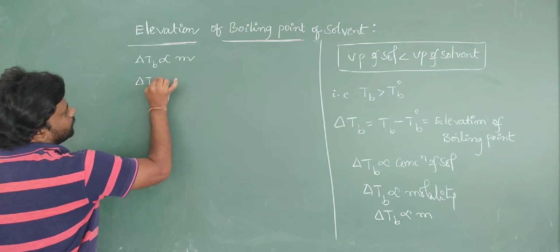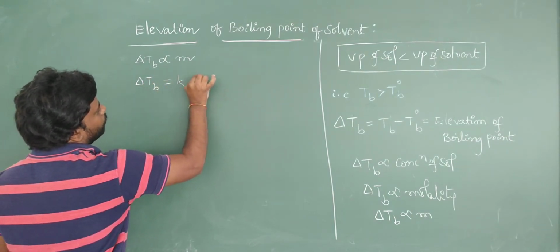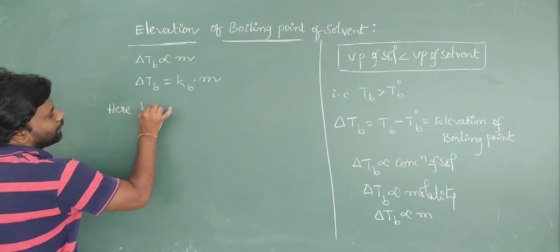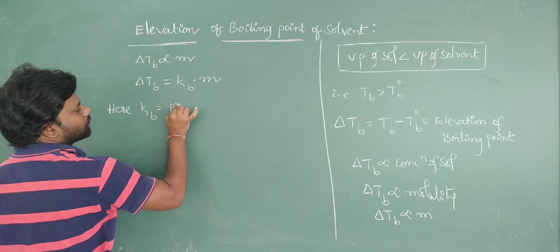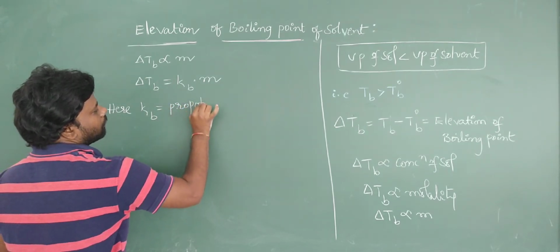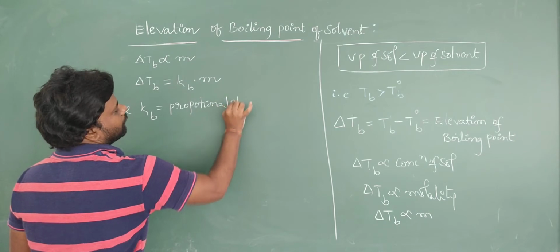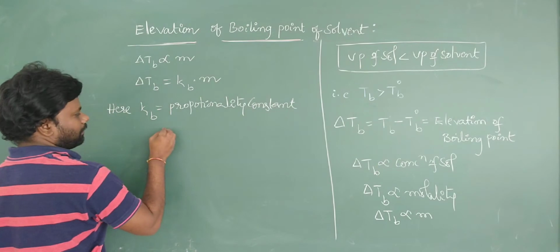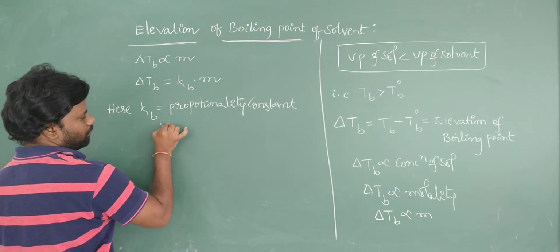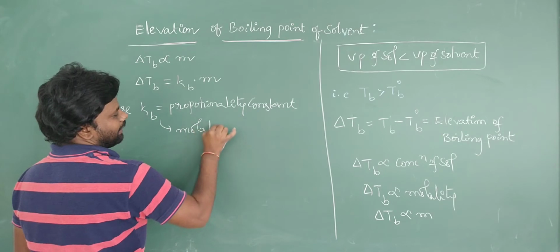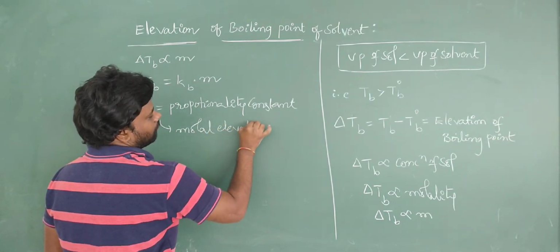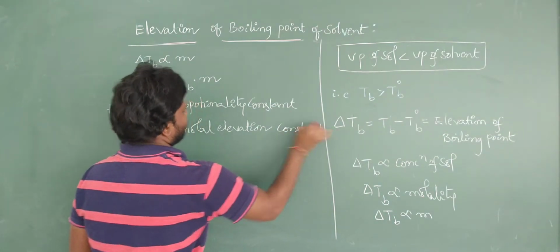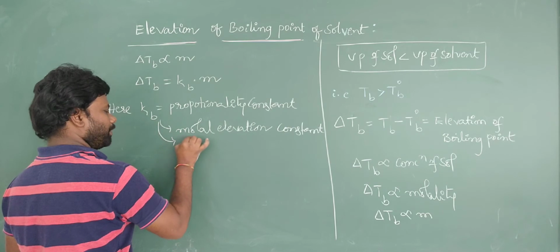Delta TB is equal to Kb into molarity. Here Kb is the proportionality constant. The proportionality constant is also called the molal elevation constant, or the ebullioscopic constant.